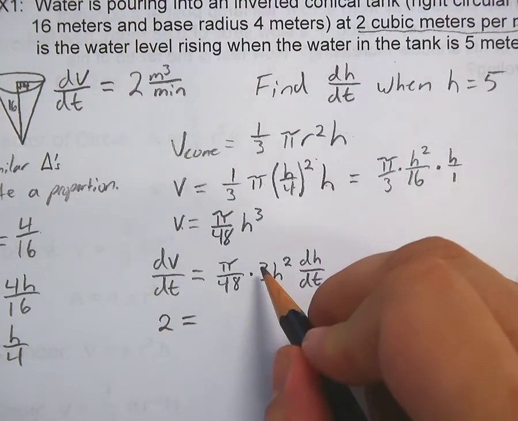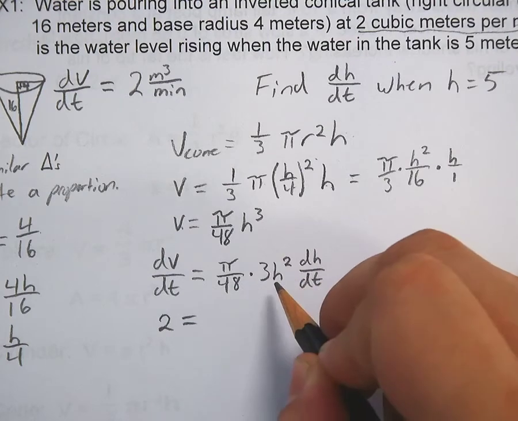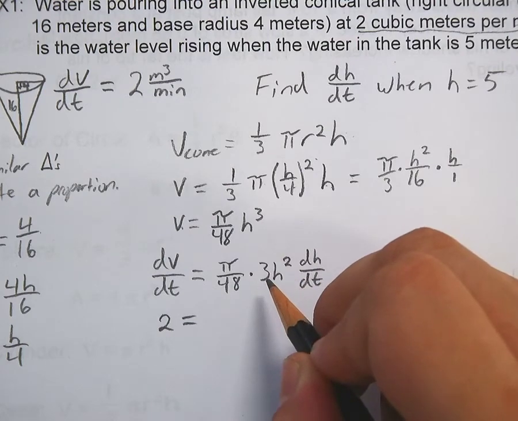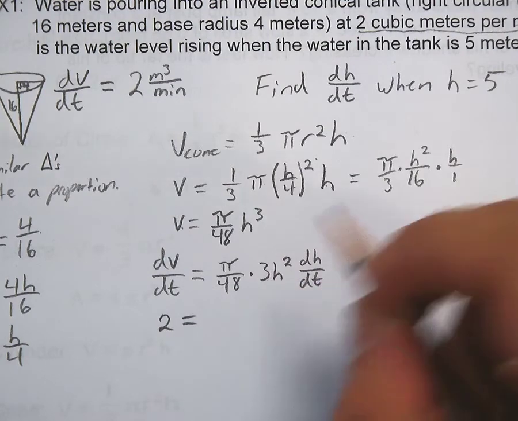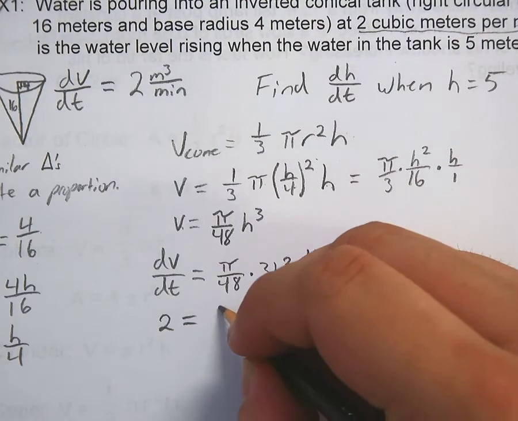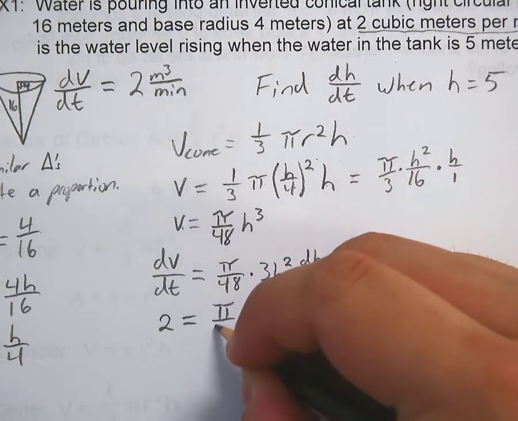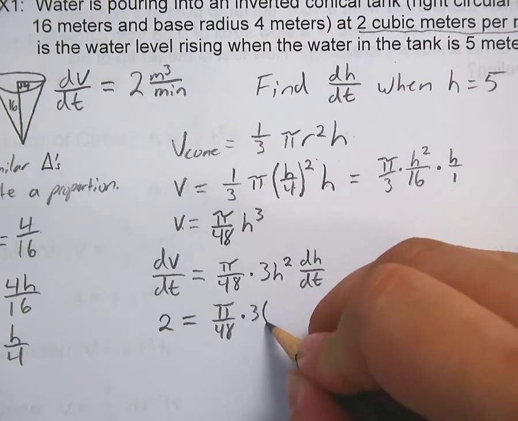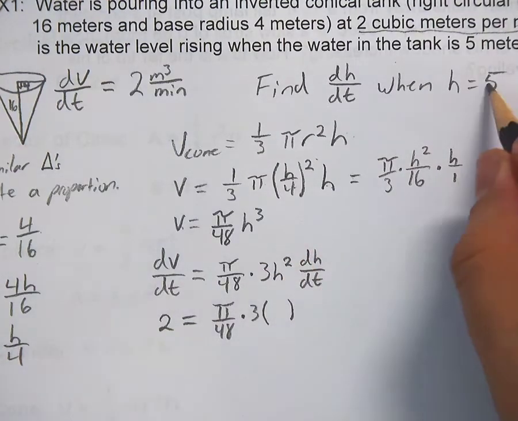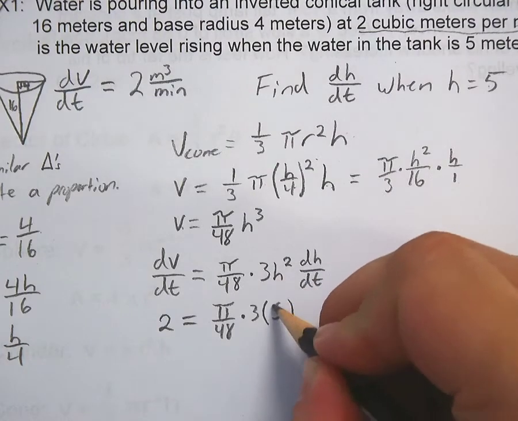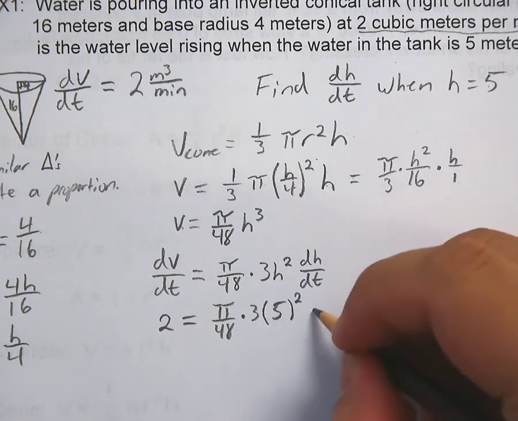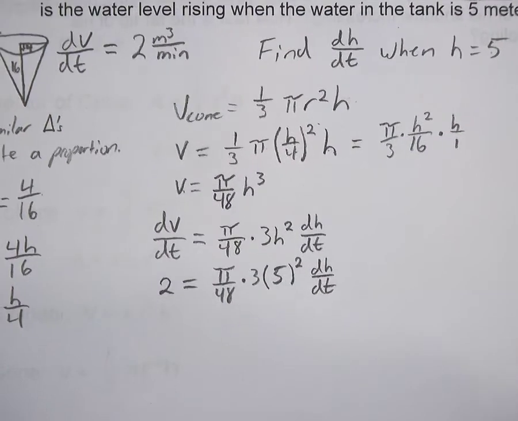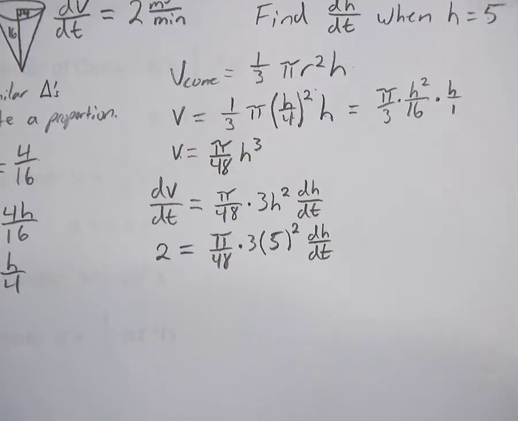Let's see, we're all multiplying right here, so we've got pi over 48 times 3. They want to know when my h is 5, so I'm going to plug in a 5 squared dh dt.